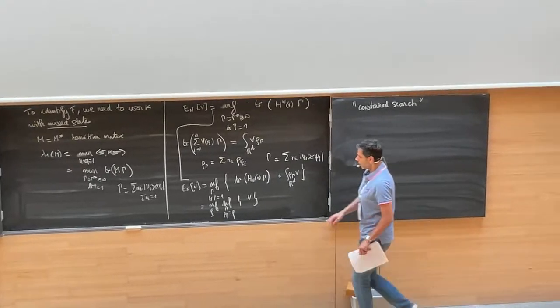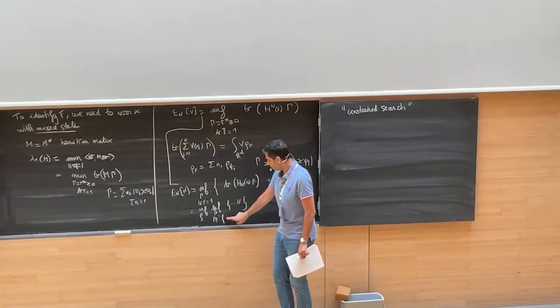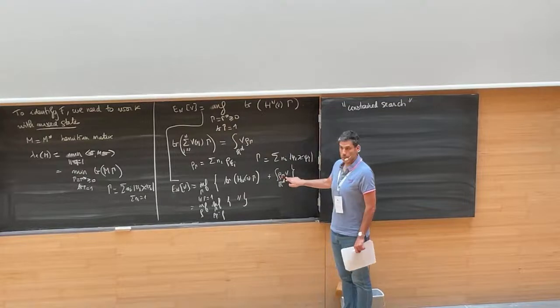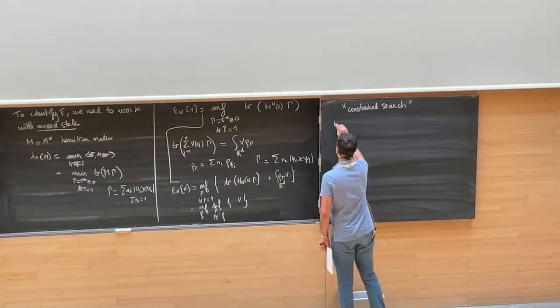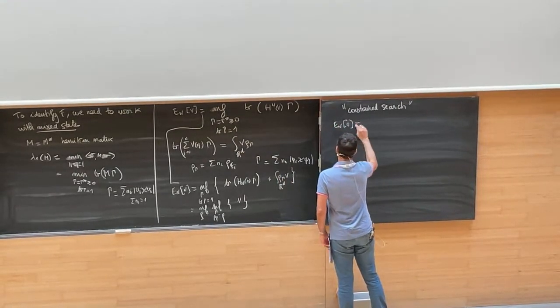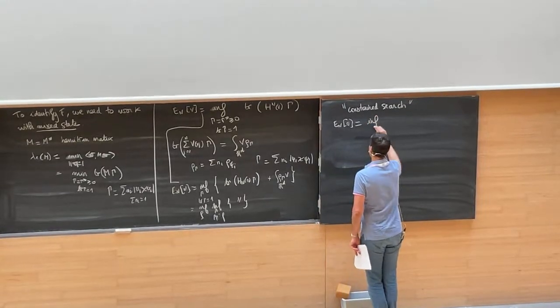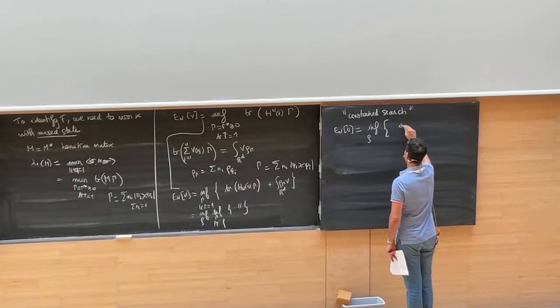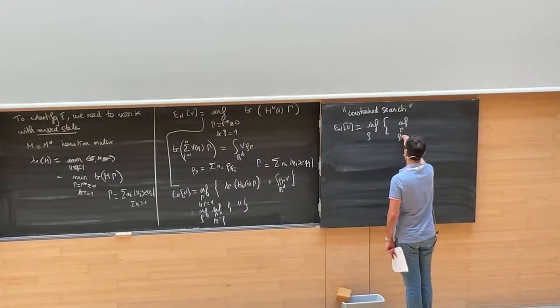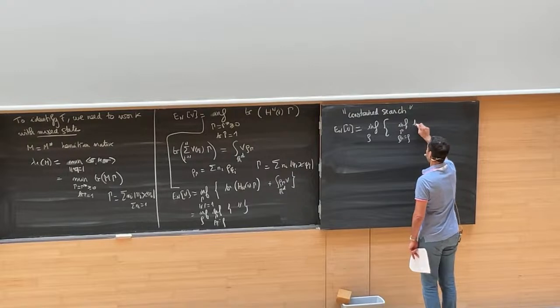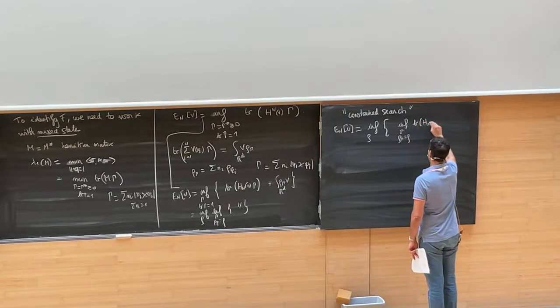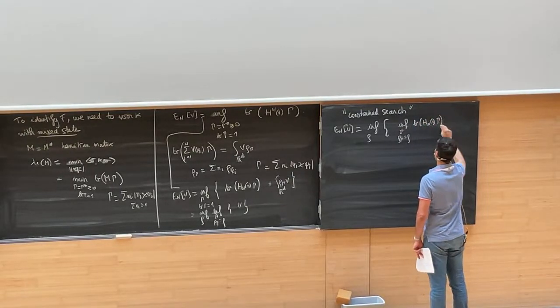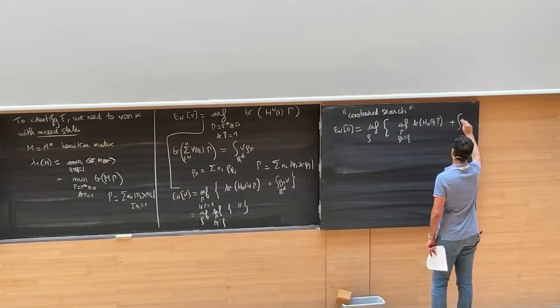And the whole point, of course, is that if I know that rho_gamma is rho, then this term is just the integral of rho V. And so I conclude that E_N(V) is equal to the infimum over rho of the infimum over gamma, with rho_gamma equal to rho, of the trace of H_N(0) gamma plus the integral of rho V.